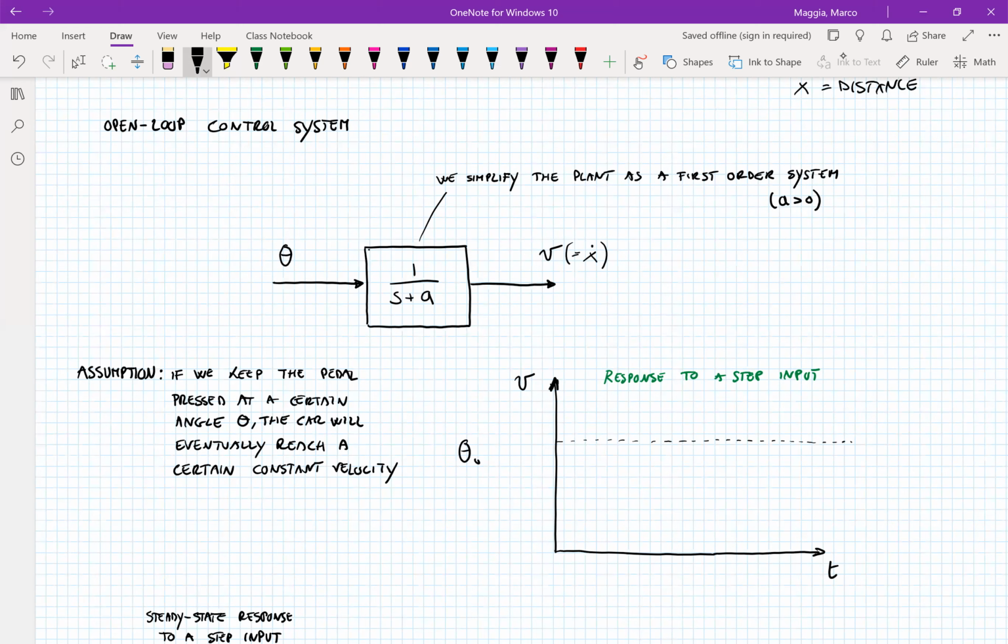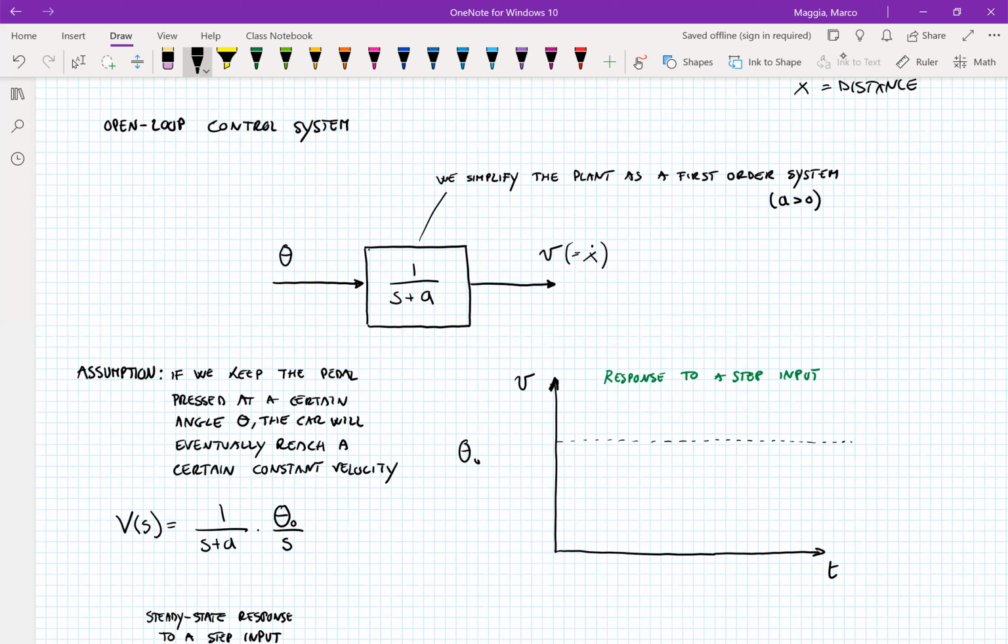Well, the output, which we can call v of s, is going to be equal to the transfer function times the input. Now, since we have a step input, I'm going to use a constant over s.